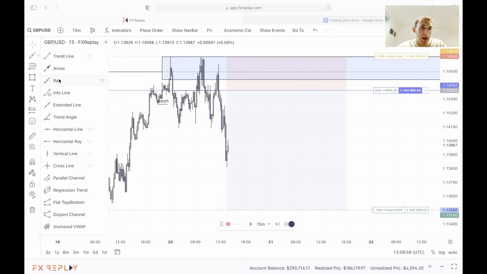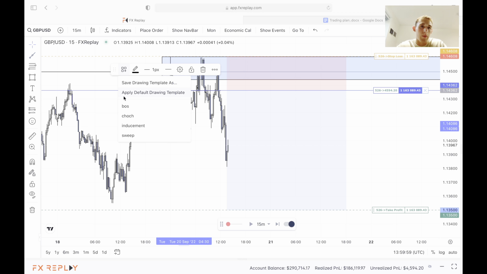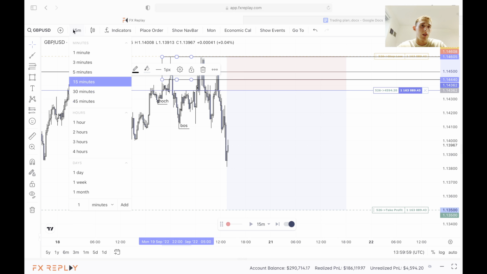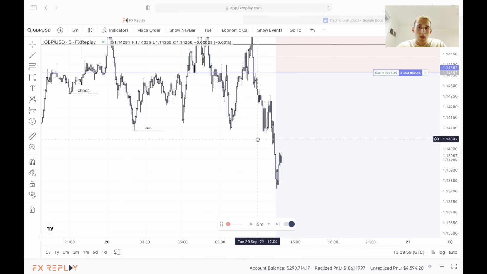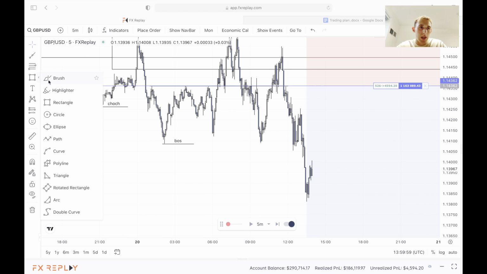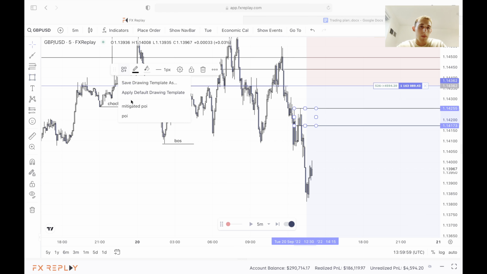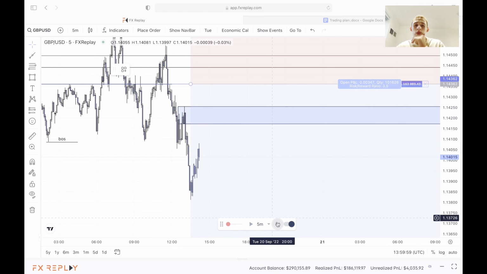And now that we've had that second break, we can look for a potential re-entry. That's a nice zone there, actually. Let's see what happens in that zone.